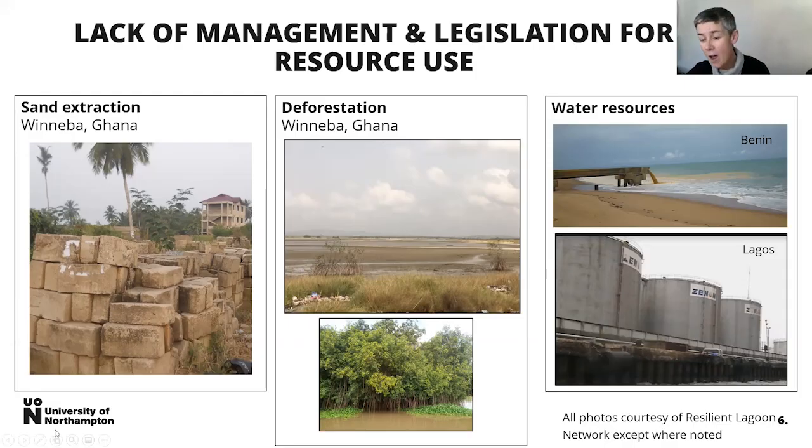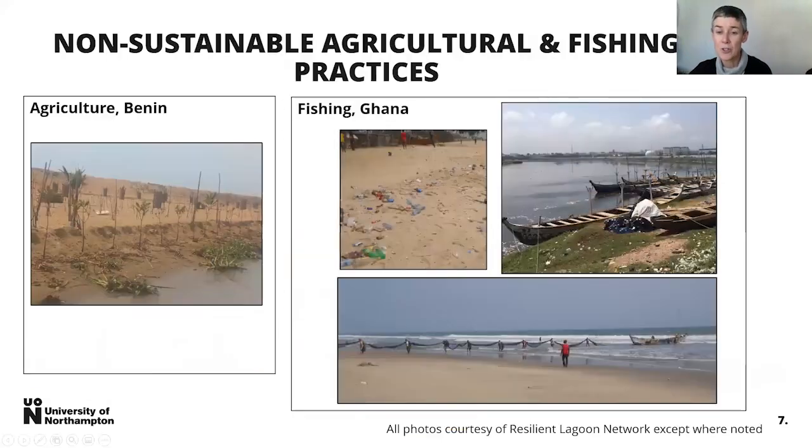So then the last drivers I had were around fisheries and agriculture. Fisheries are mainly small-scale fisheries, and they've seen aspects of overfishing, which has caused decline in fisheries. That overfishing is due to a number of different things. Some of it is industrial scale fishing that has provided competition for these small-scale fisheries that are often the lifeblood of a community.